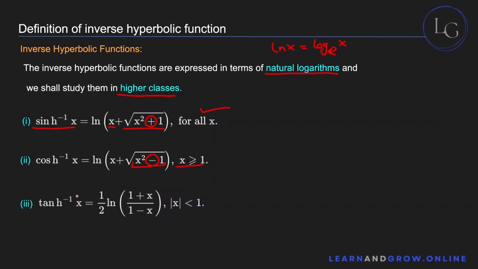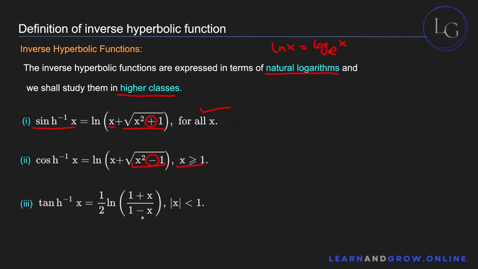Now, tan hyperbolic inverse of x, as you might have guessed by now, it just is something like this, right? And basically, you'll have to memorize a lot of this stuff. But let's talk about the domain of this particular case.